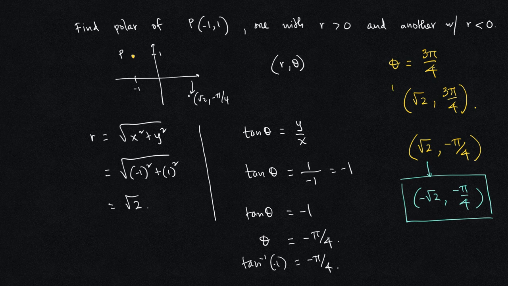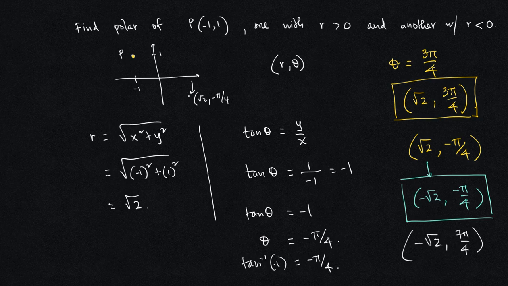Polar representation is not unique. As we can see, we found 2 already. If we want the negative radial coordinate and the positive angular coordinate, we can keep negative √2, but we simply add 2 pi to the angle. If we add 2 pi to this, then we'll end up with 7 pi over 4.